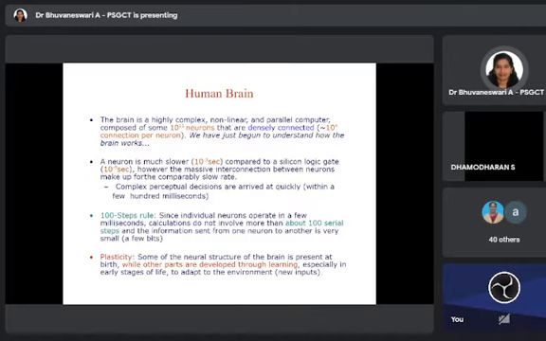It took just a few milliseconds to understand how many colors are there. That is what we call the processing speed of the neuron.